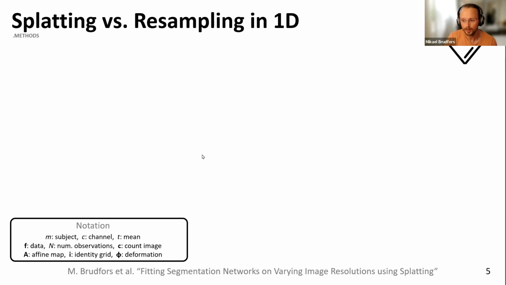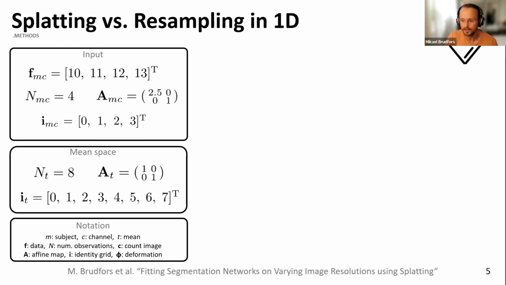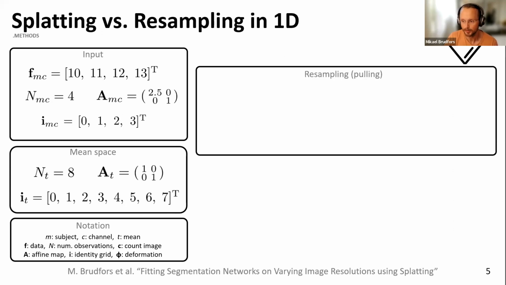Okay, so let's say we have an input image with 4 voxels. We have an affine matrix that only encodes a scaling, and this identity grid gives the spatial location of each value in the image. The mean space is larger and will contain 8 voxels. Its affine matrix is simply an identity here for simplicity, and you can see the identity grid is larger, as I said. So let's first use resampling to create the mean space.